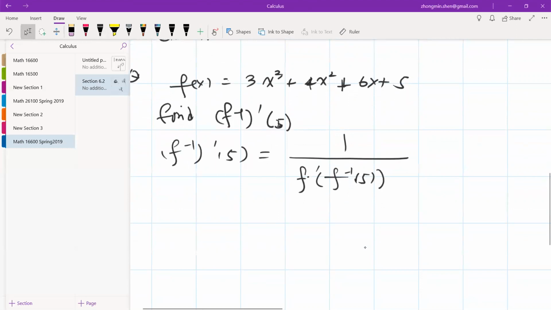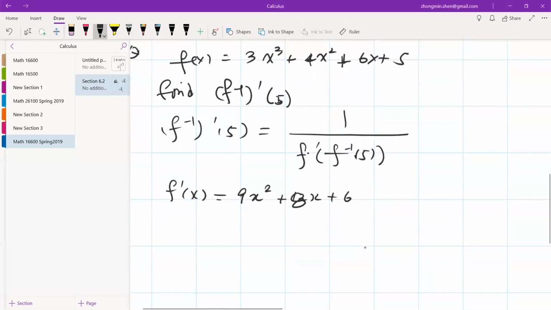So it's two steps. First, let's find the derivative. It's going to be 9x squared plus 8x plus 6.